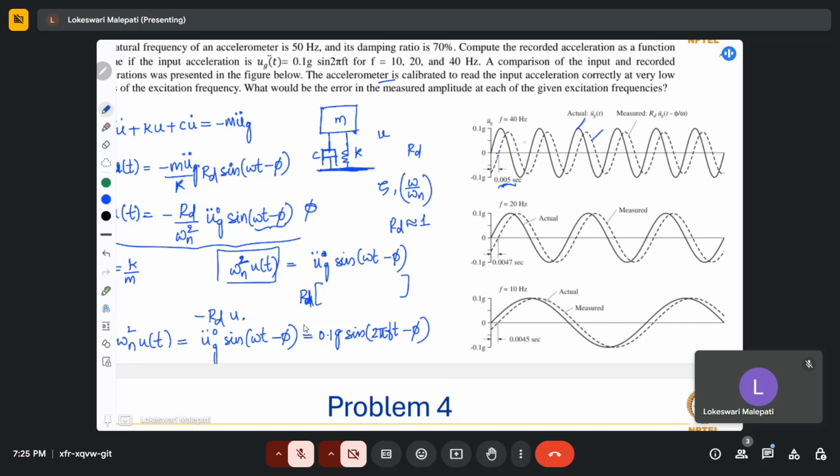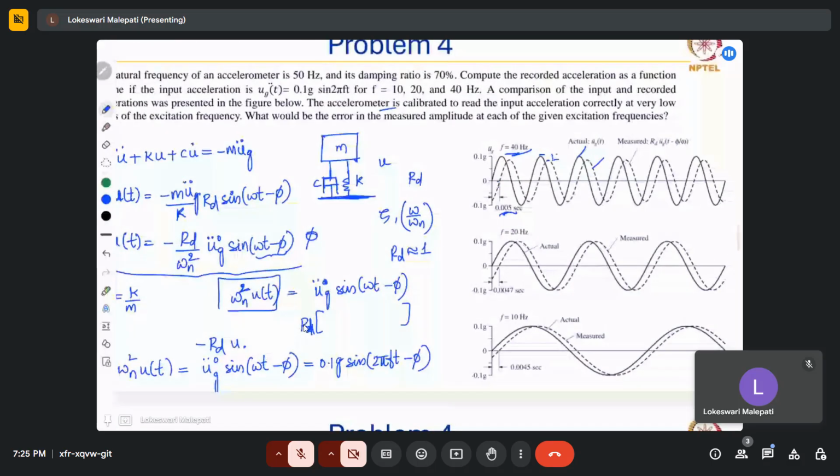But if we see the amplitudes for the 40 hertz, we can clearly notice the amplitude differences. But for 20 hertz and 10 hertz, the amplitudes and the curves are very identical. So for this kind of accelerometer with these particular properties, up to about 20 hertz, it gives very accurate measurements for the accelerations.